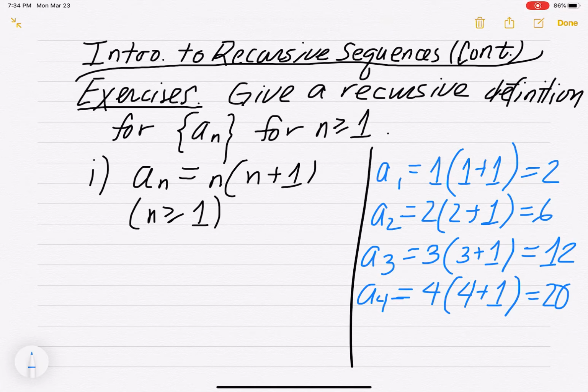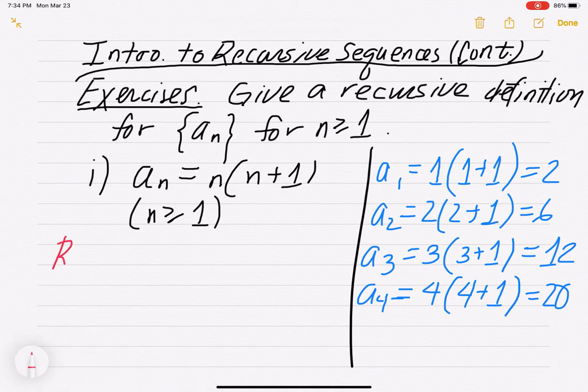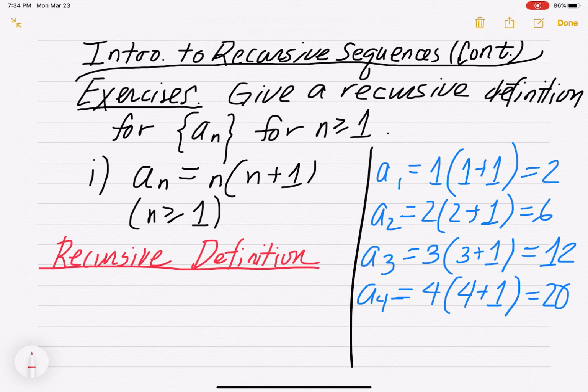So we're doing a recursive definition, right? And we're going to start with our initial term. So we need to declare, okay, a sub 1 is 2. That's our initial term.